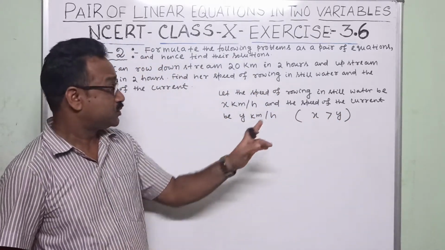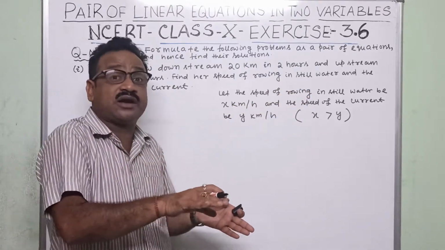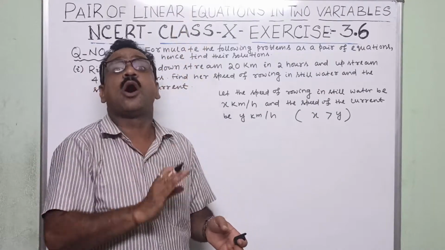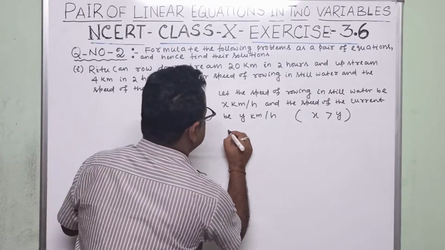Why? Definitely the speed of rowing will be more than the speed of the current, otherwise it cannot move upstream. Okay.